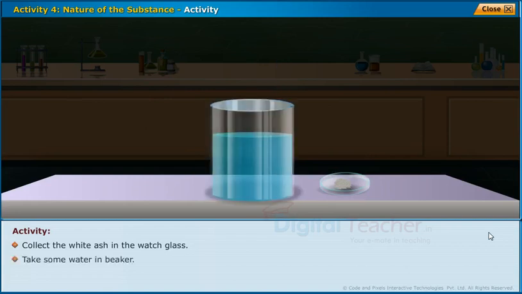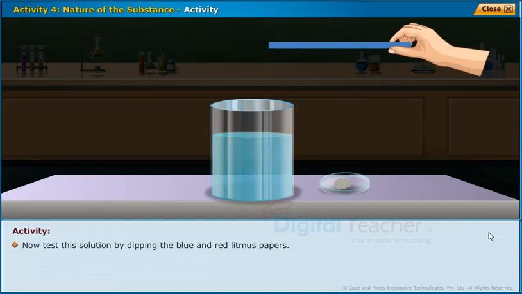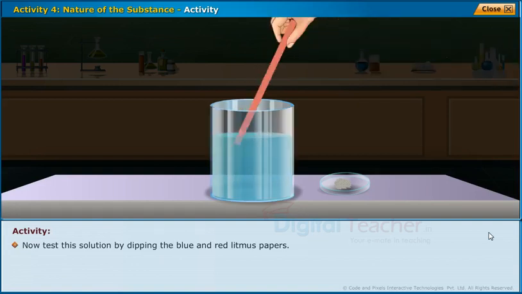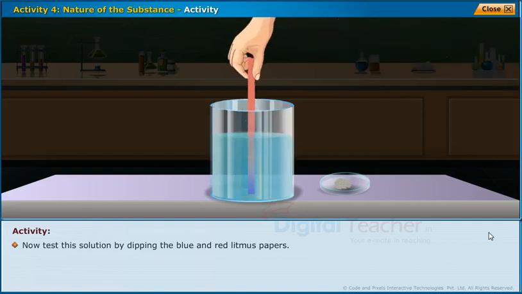Take some water in a beaker. Dissolve the white ash in it. Now, test this solution by dipping the blue and red litmus papers. Observe the changes in the color of the litmus papers.